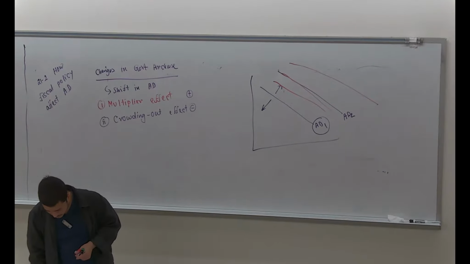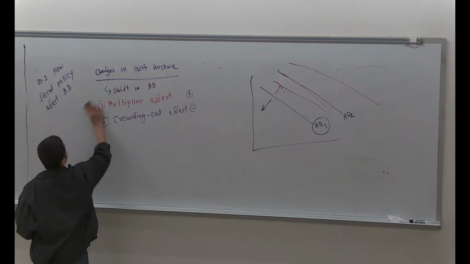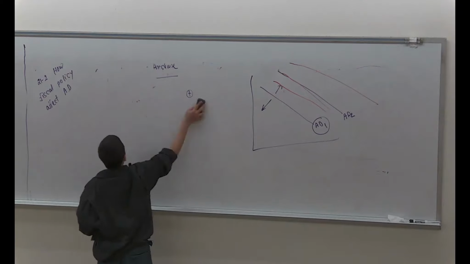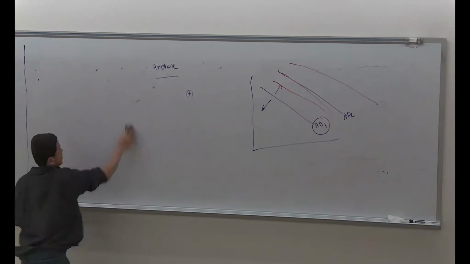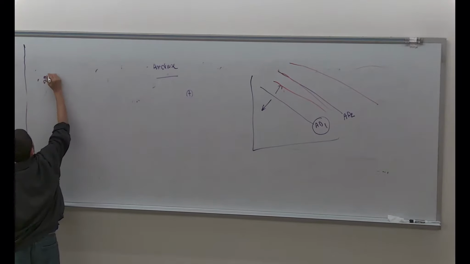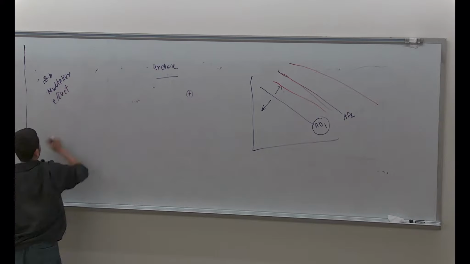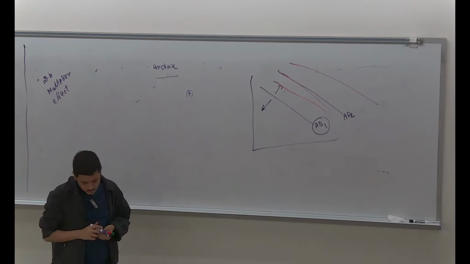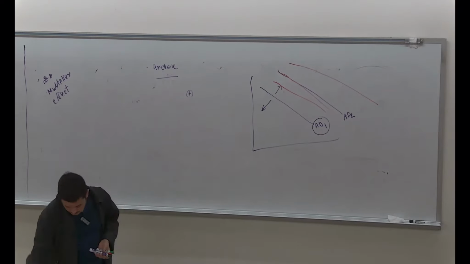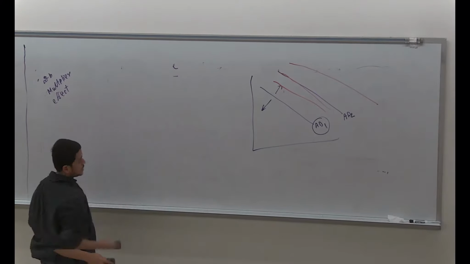Now let's start with the multiplier effect. B, multiplier effect. Let's talk about how the multiplier effect shifts the aggregate demand.